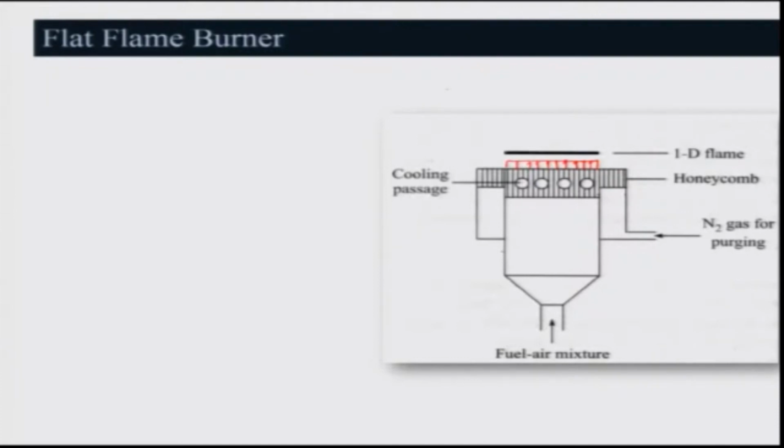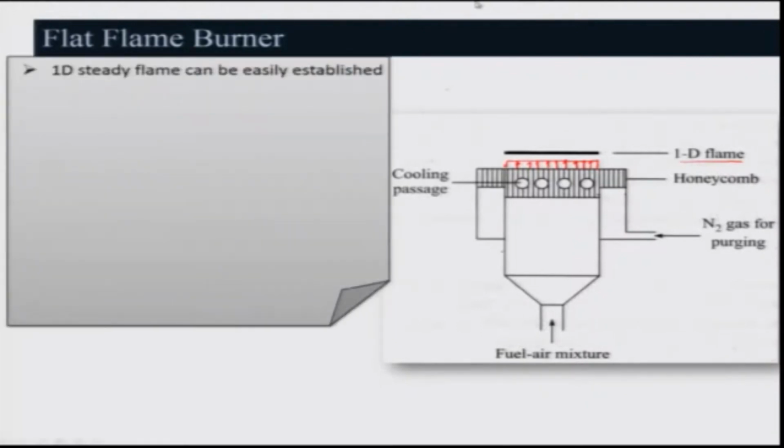As a result, a one dimensional flame is established, and sometimes people also use a metal mesh to stabilize the flame, such that a one dimensional flame can be established. Of course, you need to supply the fuel air mixture to this burner. With this provision, one can establish a one dimensional steady flat flame.